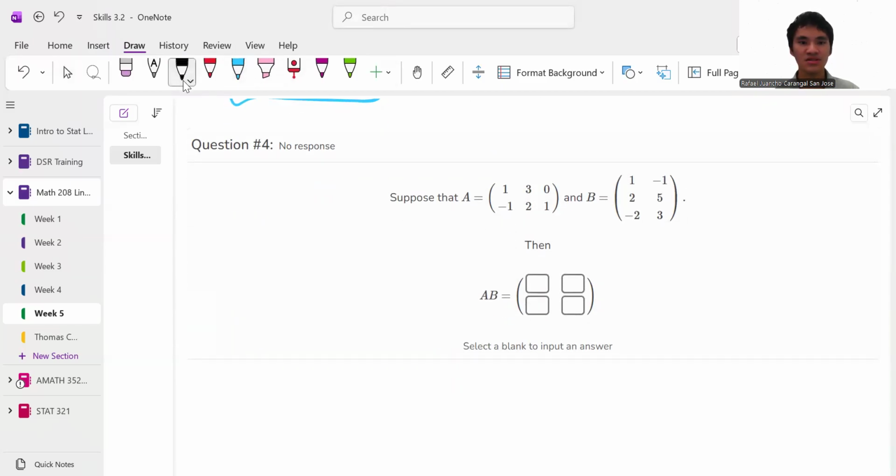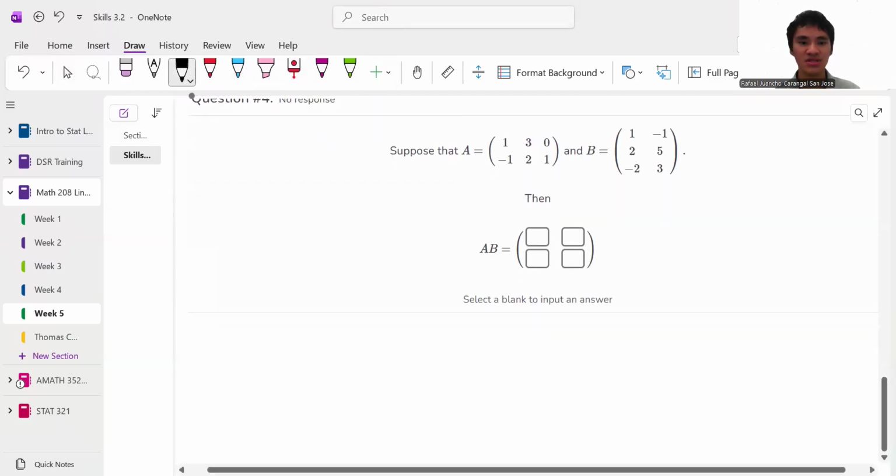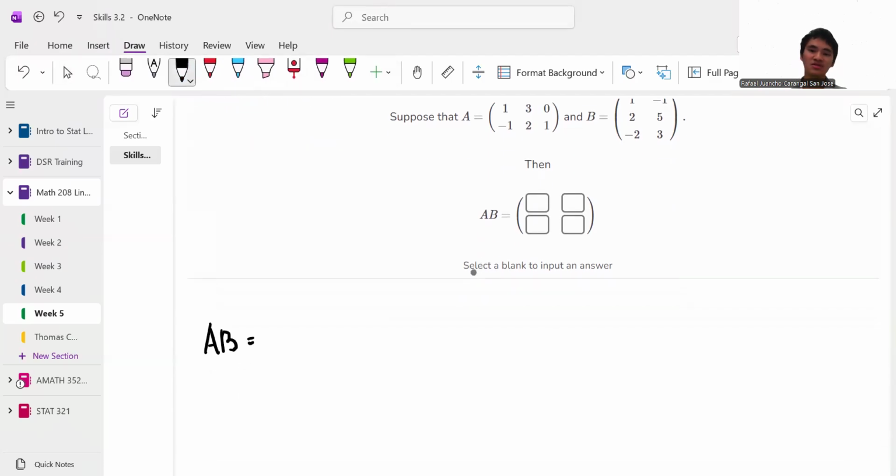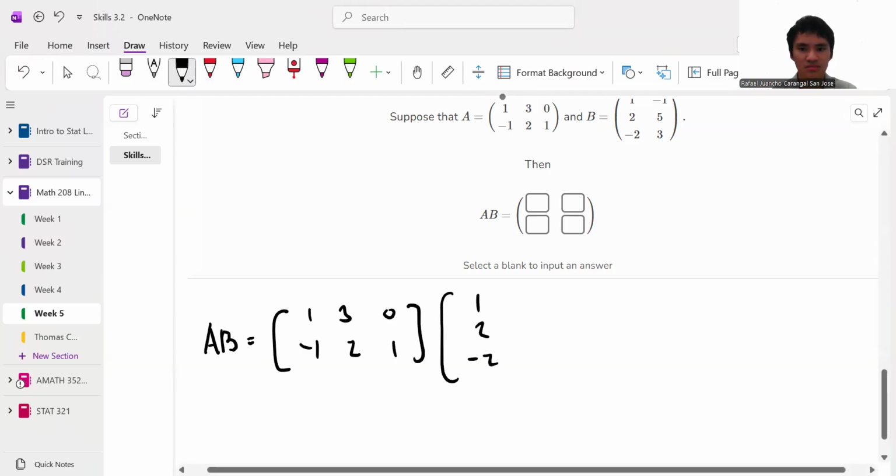Here we have two matrices again, and we do the same thing. Now let's check: are the columns of A equal to the rows of B? True. So we know they exist.